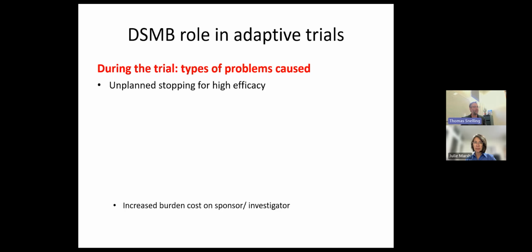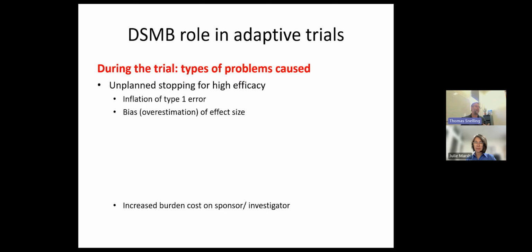For example, unplanned stopping for high efficacy, as we heard in the previous lectures by Professor Pavane, can inflate the risk of a type 1 error, especially if it's done early in the trial. It can also inflate bias, or in particular overestimation of effect sizes. If it's planned, then we can assess what the size of the overestimation is likely to be.